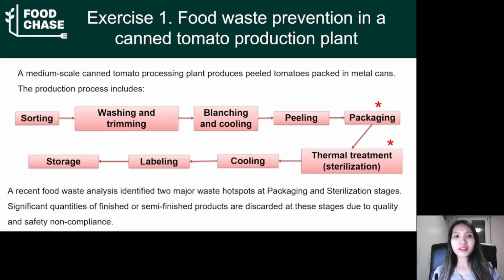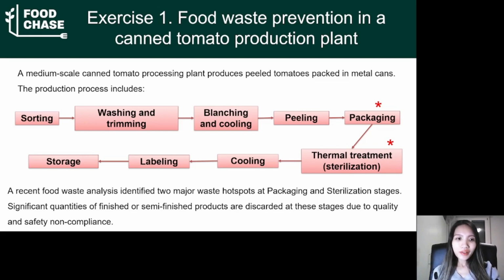The production process includes several steps: sorting, washing and trimming, then blanching and cooling, peeling, and packaging. And then we have thermal treatment, which is sterilization, cooling, labeling, and finally storage.